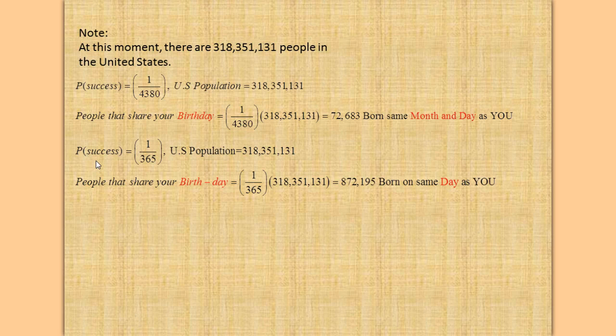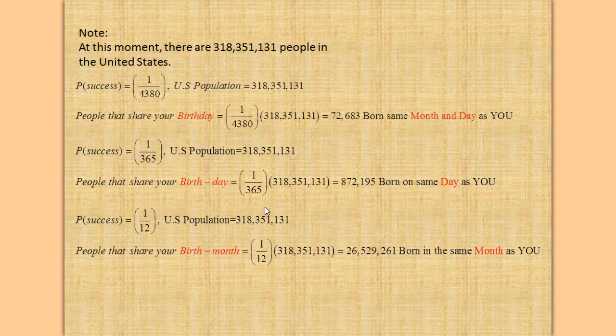The probability of success picking the correct day is 1 over 365. Multiply that by the population. The people that share your birth day is 1 over 365 multiplied by the population, and that's equal to 872,194 people born on the same day as you. The probability of success is 1 over 12 for picking the correct month.